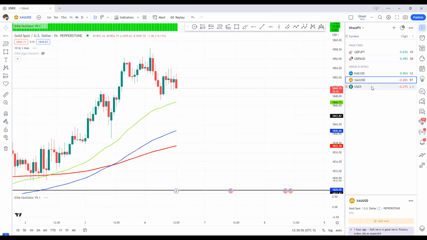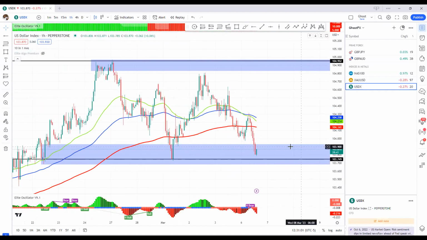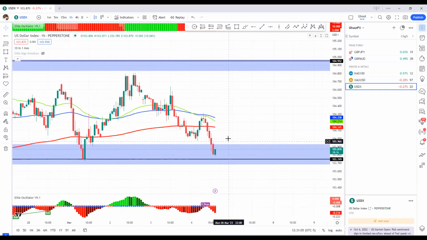Dollar is pumping back up. Yeah, exactly like I said.